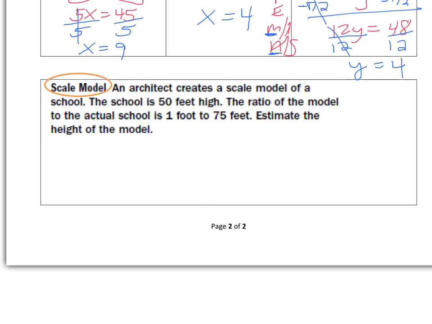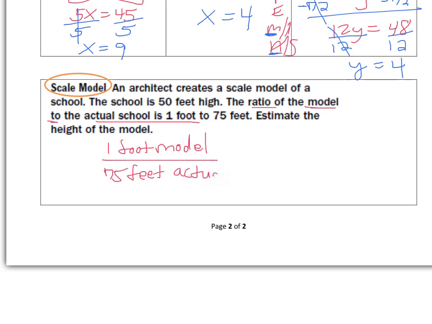Okay, so let's set up a ratio. We've got the ratio of the model to the actual school. So we want the model up on top. So we've got 1 foot model, that ratio, to 75 feet. And that's the actual building. And we're going to set up a proportion. We're being asked to estimate the height of the model.